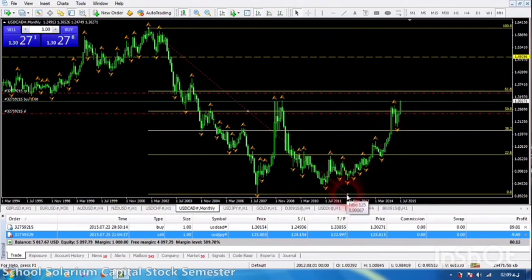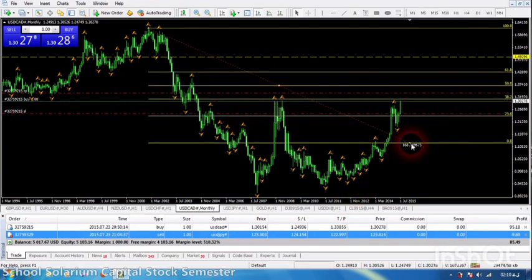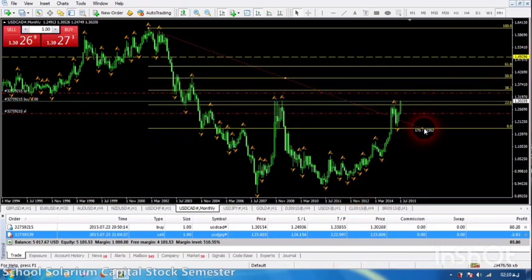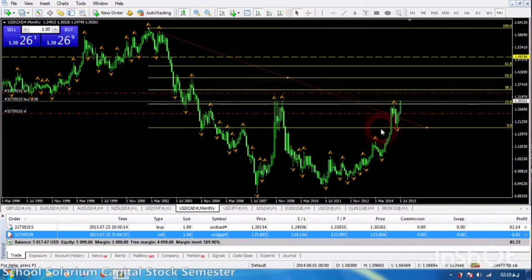Or there's a technique that when your price reaches the 61 level, you can drag your zero line and put it on the last swing high that you've had here. So I updated it to here.